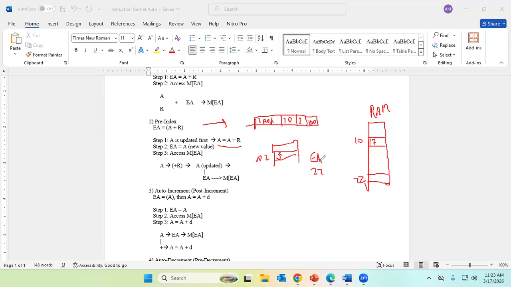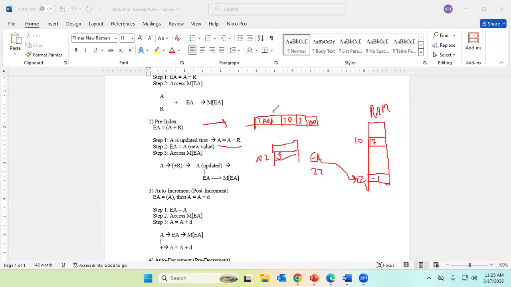Because this effective address now here is memory of effective address, this will go to 22. Pick up the number. Suppose this is minus 1. What will it do with it? Store it. It loads it. The effective address is loaded here. But what I'm doing, this is the effective address 22.